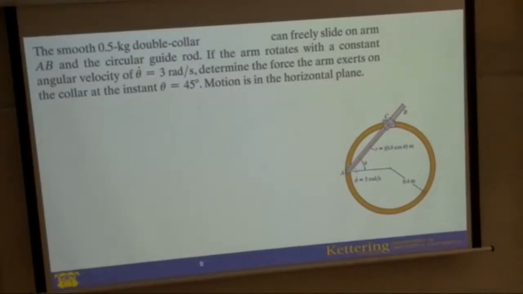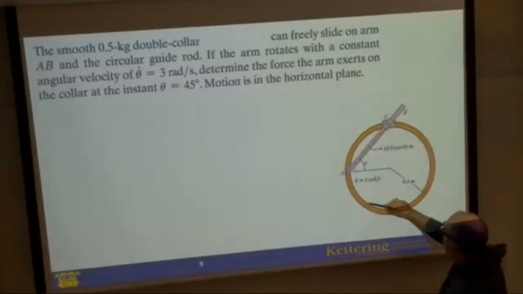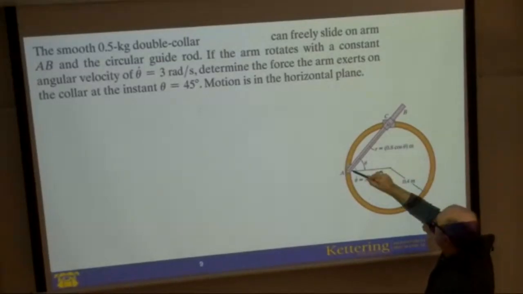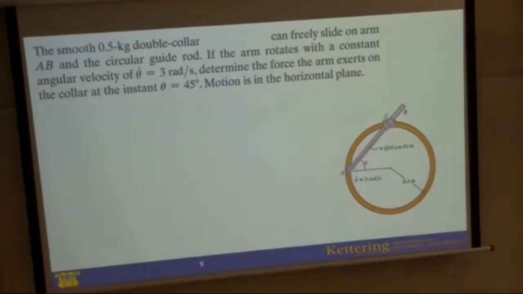What is the double collar? The first collar just moves along that link, and another one moves along this circular path. This one moves along this, and this link just moves along this direction.